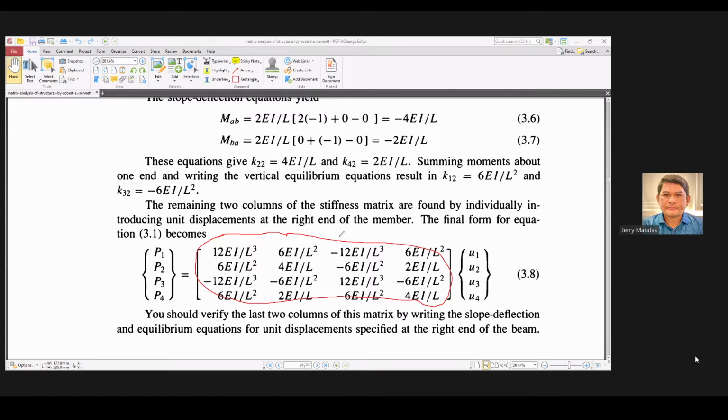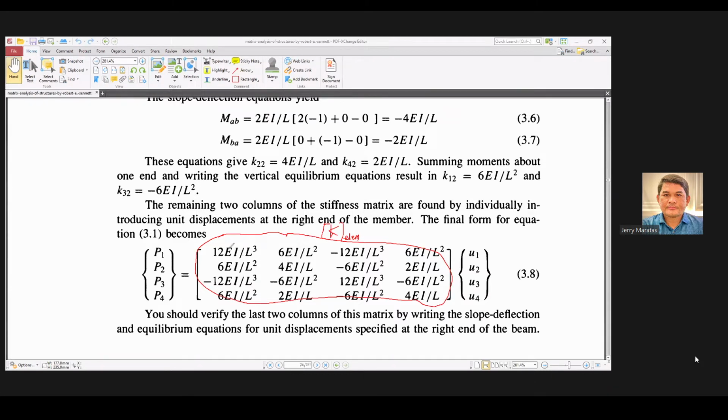In most cases it should be the global axis, the global X and the global Y. So this is our K per element. This is the only input in your program. Alright? Please take note of this.